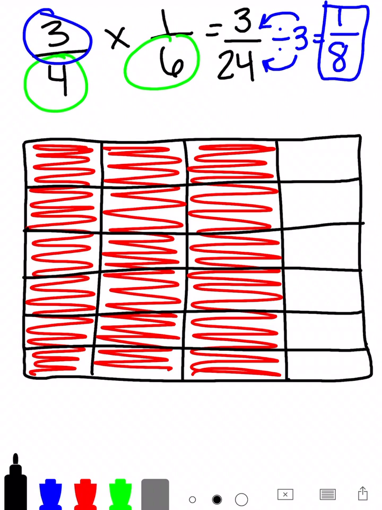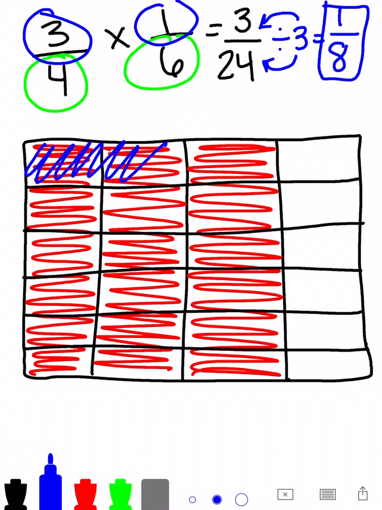Now, we're going to take a look at the top part of this fraction, which is a 1, okay? We're going to shade in 1 of the 6 rows, the horizontal rows, okay? Now, our colors are going to overlap, okay? So let me show you how we would do this. We would color in an entire row out of the 6. Okay, does that make sense?